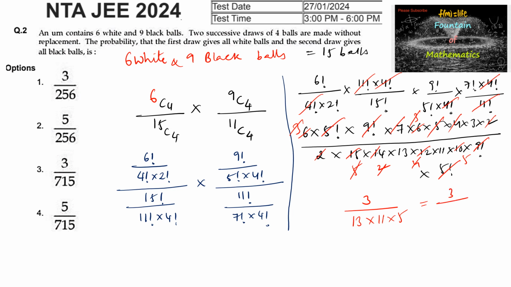So 13 into 11 is 143, times 5 or 55 into 13 will give 715. So 3 upon 715 is the answer, which is option C.